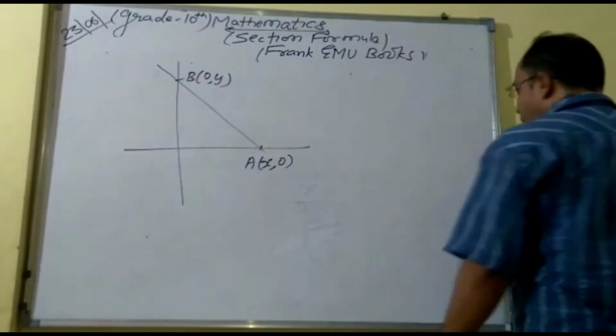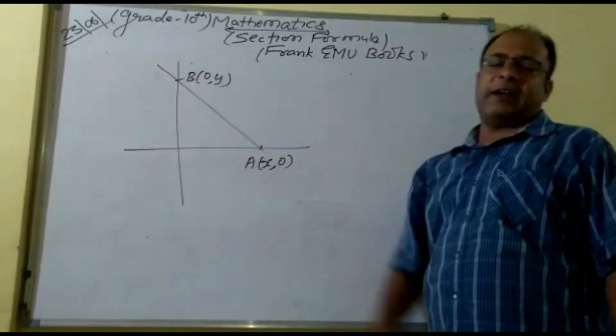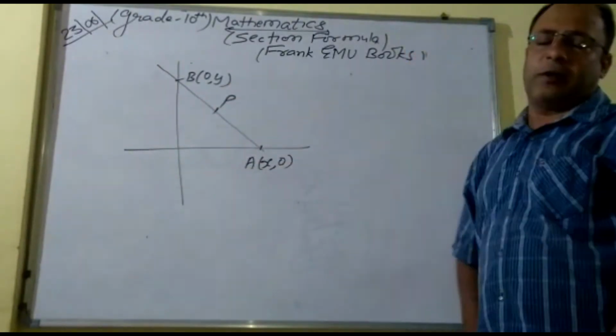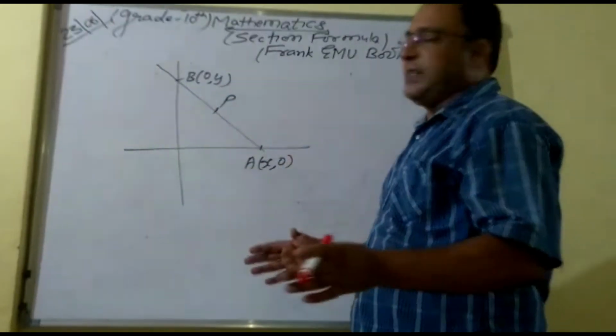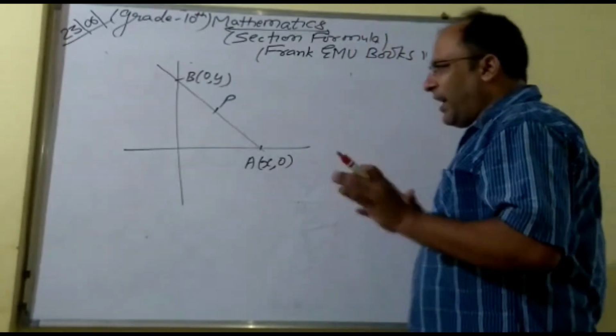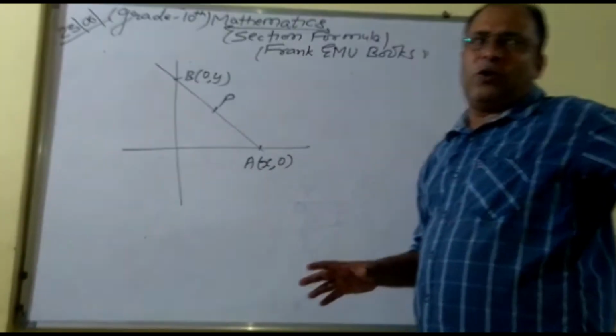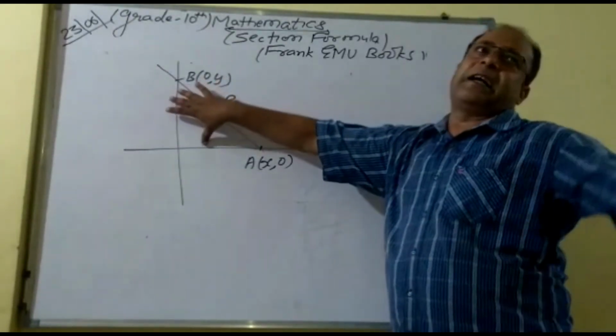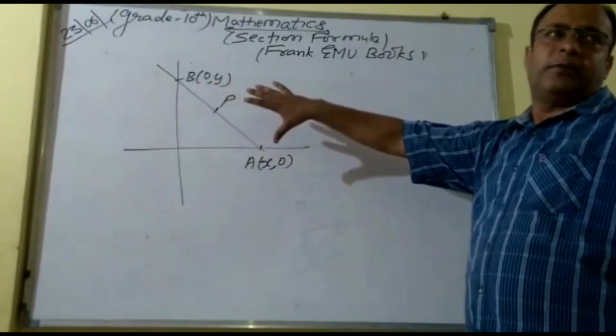Right. Now you know, if such a kind of question is going to be given to you and the value of the coordinate which divides the line segment is also given, very clearly I am telling you, don't focus on this diagram. So how to solve?